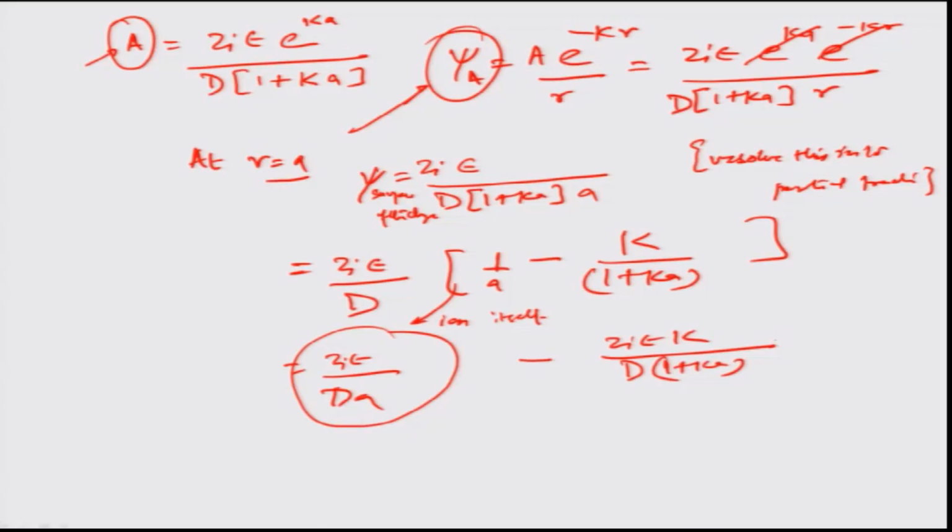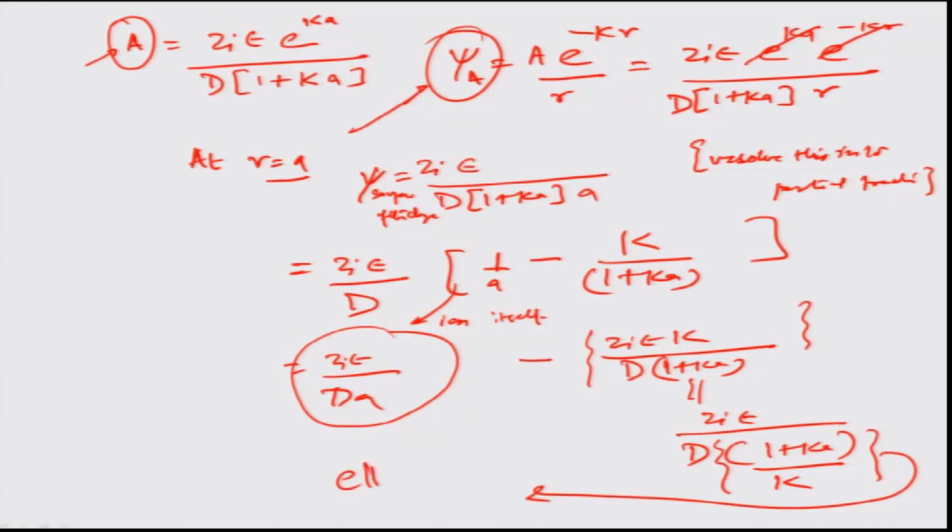In other words, I can also represent only this part as Zi epsilon by d times 1 plus K a by k. Okay. So, this right here is the effective radius, you can say, just because this was the radius of the ion, of the central ion, this could be the effective radius of the ion atmosphere.